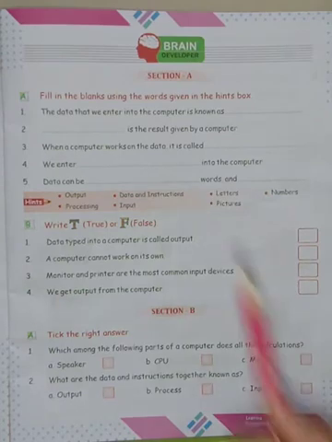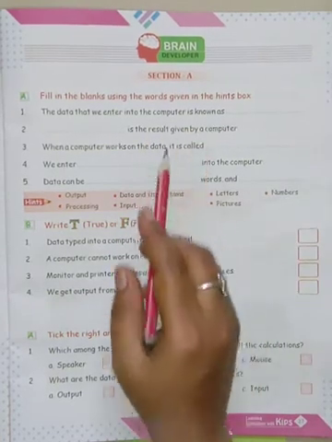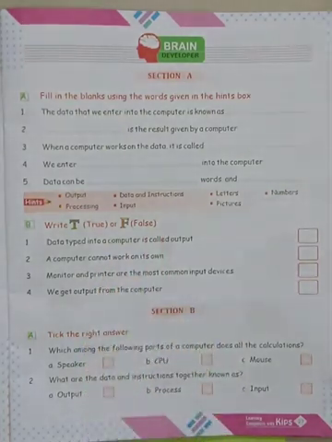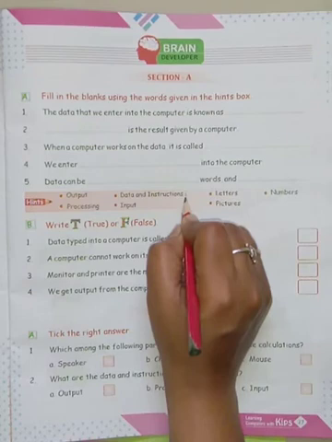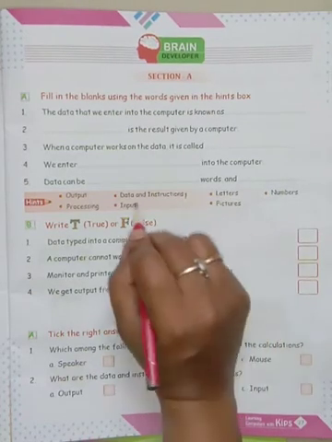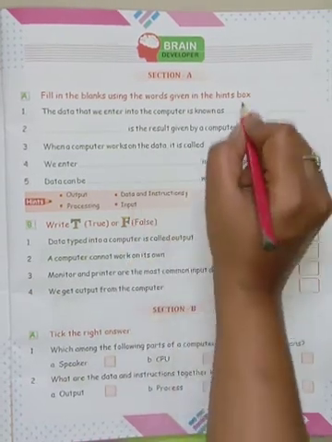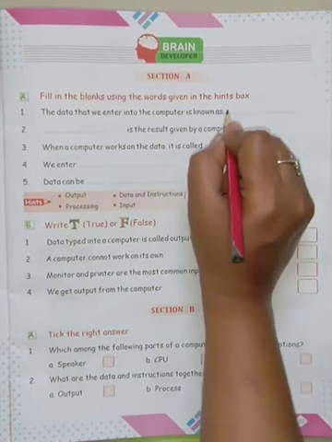The data that we enter into a computer is known as data and instruction. So this is the right answer. Here I will mark it as 1. Along with that, I will write the same answer in the given blank.